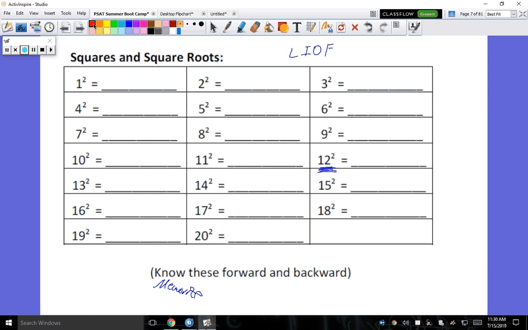1 squared, 1, 4, 9, 16, 25, 49. Good. So it goes to 144, maybe 169, and then kind of gets a little bit weird, right?